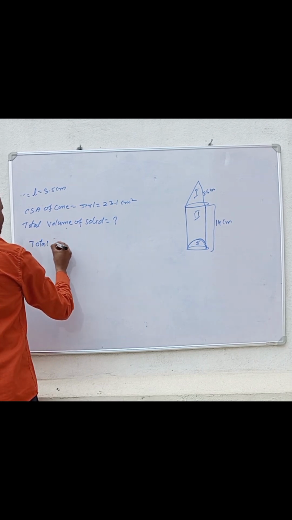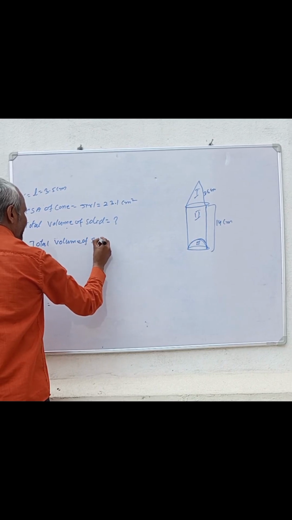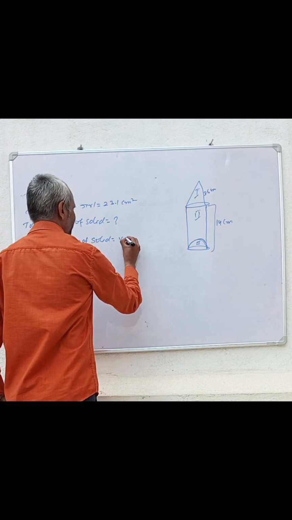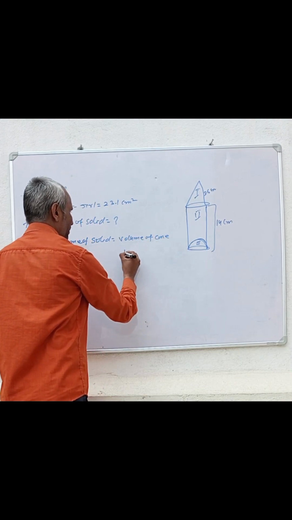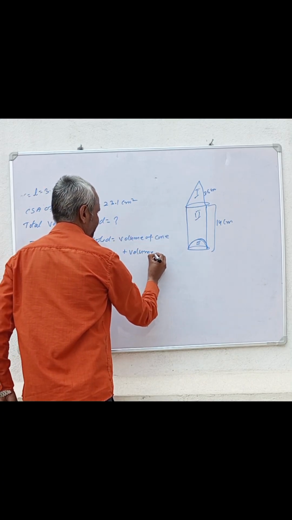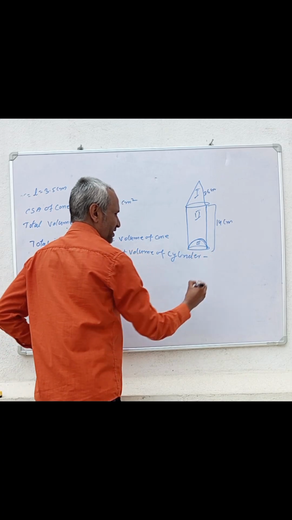total volume of solid is equal to first volume of the cone, plus part number 2, volume of cylinder, minus. Why minus?